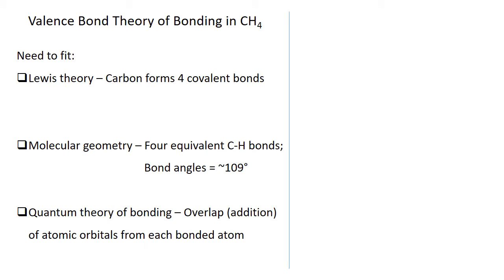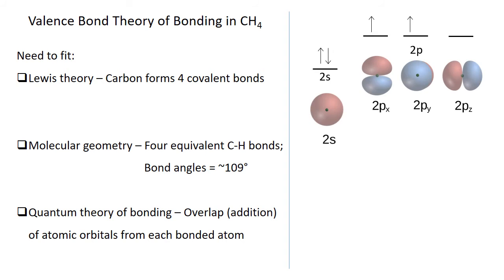So, leaving all of our pieces that we need to justify, let's put together what we would expect to get based on the quantum theory of the valence electrons of carbon atoms. Here's what we already know from quantum theory about a free carbon atom. That is a carbon atom with no other atoms around, no bonds, just a single carbon atom floating in space that we'll call the free carbon atom.